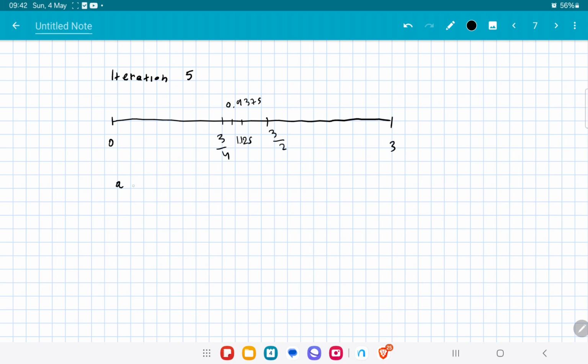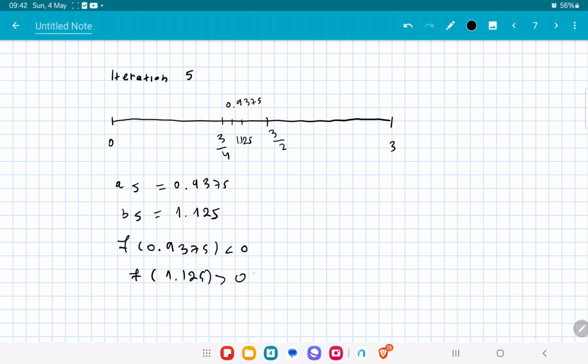So my a5 is going to be 0.9375, and b5 is going to be 1.125. f(a5) is going to be a negative value, and f(1.125) is going to be a positive value.